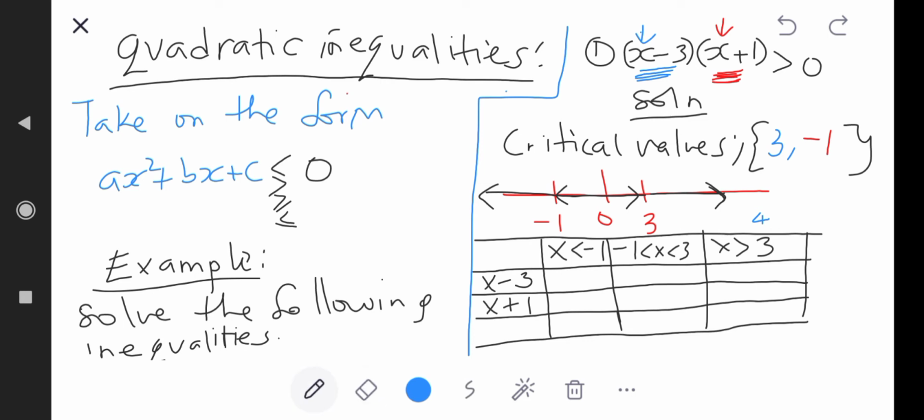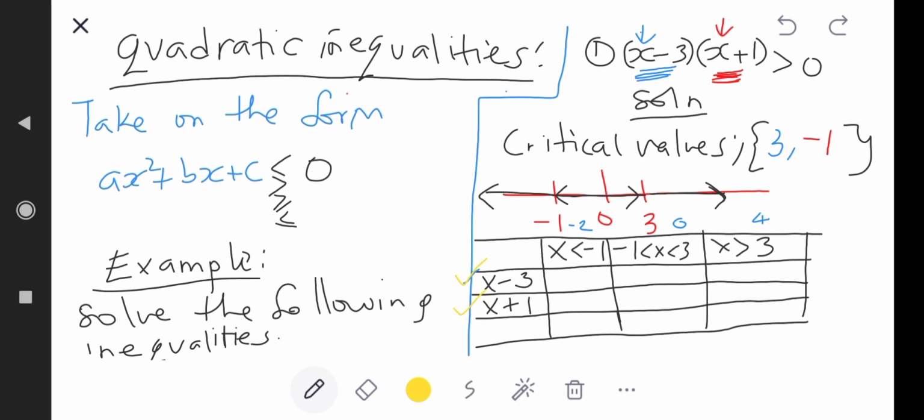Then a value less than -1, that can be around a -2. So these values I have selected up here are the ones that I'm going to be replacing in place of x here, and there.